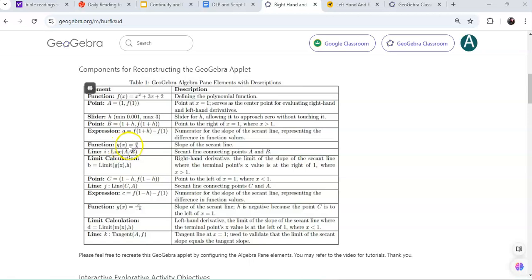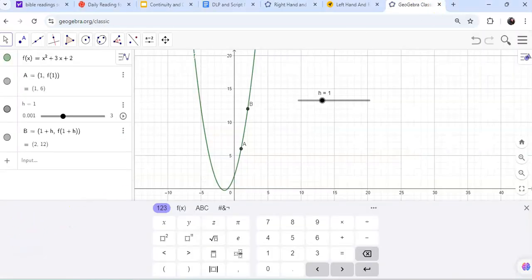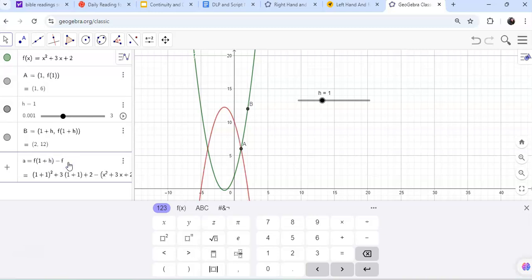Next, we type the expression a = f(1 + h) - f(1). This expression is the numerator for the slope of the secant line, representing the difference in function values of the terminal point and the initial point.